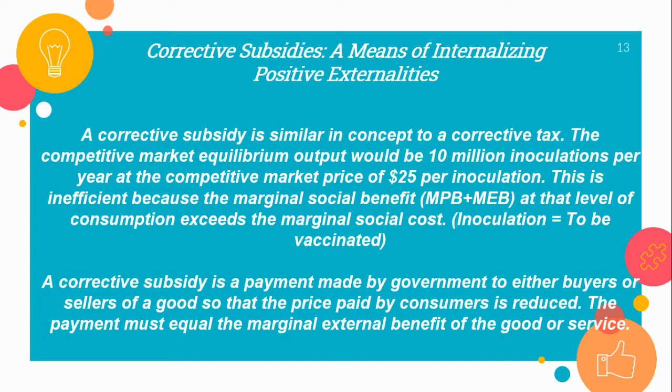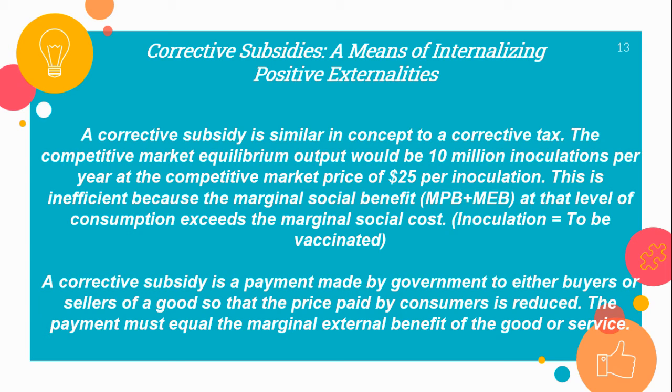Suppose the government announces that it will pay each person inoculated a subsidy of $20. So this subsidy adds $20 to the marginal private benefit of each inoculation. The demand curve for inoculations shifts upward from D equals MPB to D1 equals MPB plus $20.